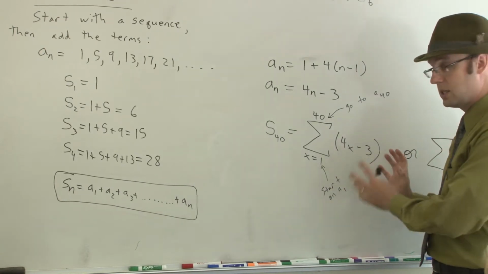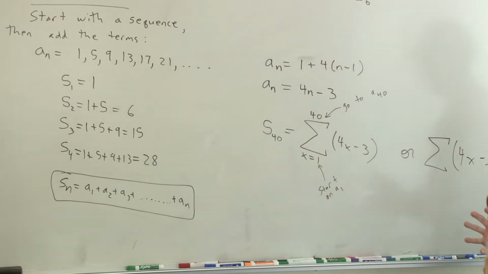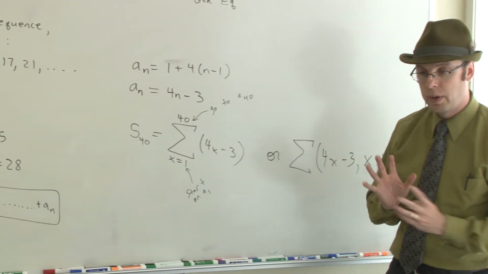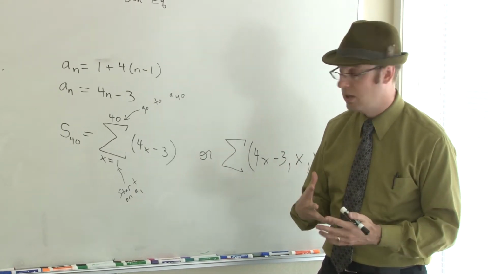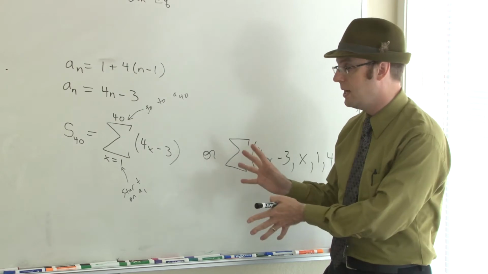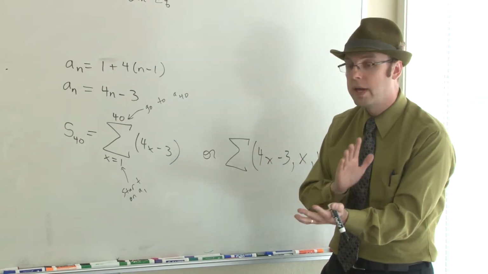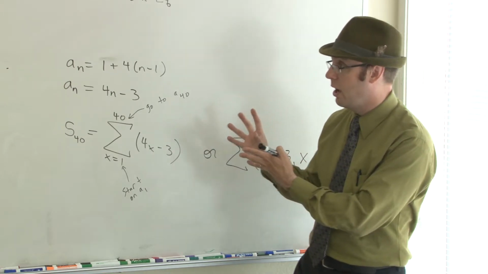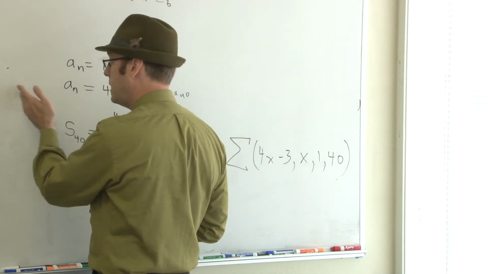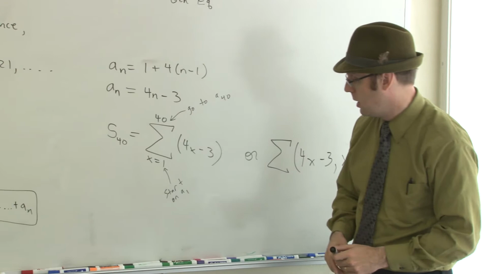The thing is that sigma notation is actually much more powerful than the equations that you're given to specifically deal with series, because those equations can only add up the first n terms, 1 through 40. This way, if I wanted to add up terms 20 through 40 for some reason, I could do that.